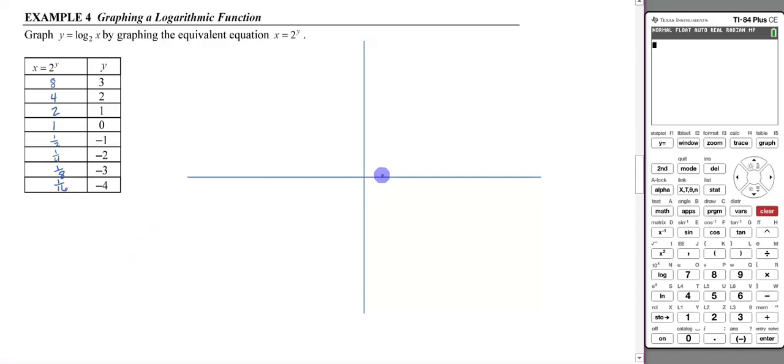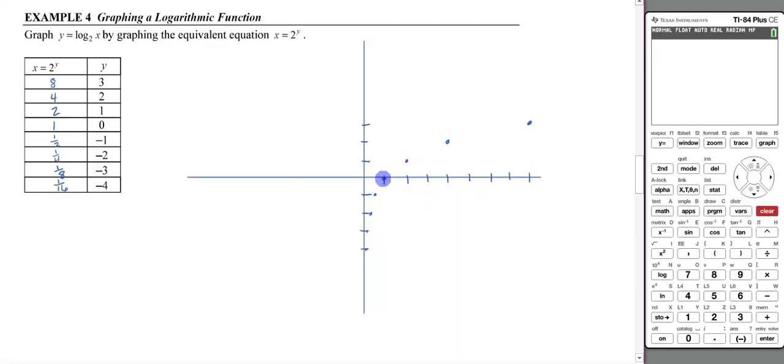Let's graph this. So we have 8, 3, 4, 2, 2, 1, 1, 0, 1/2, -1, 1/4, -2, 1/8, -3, 1/16, -4.